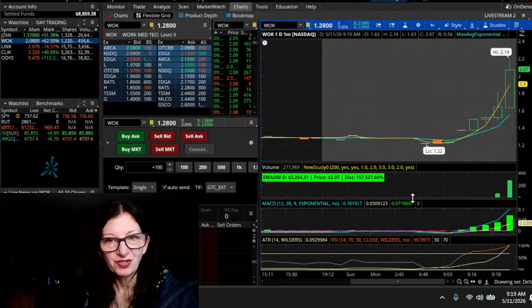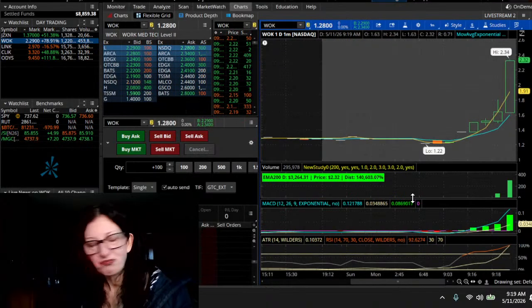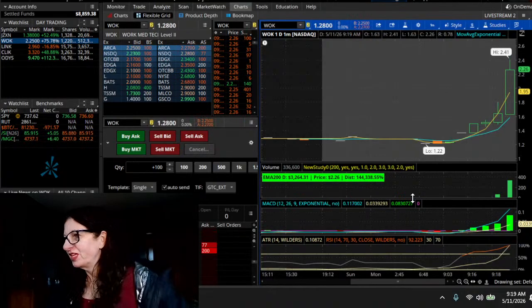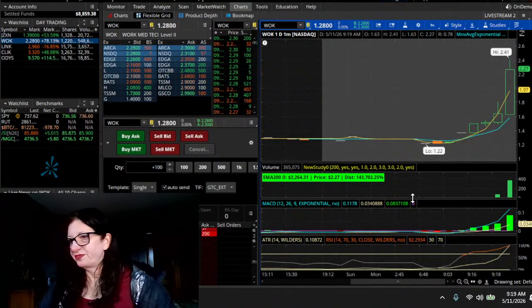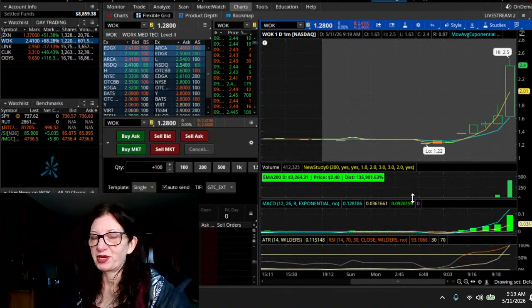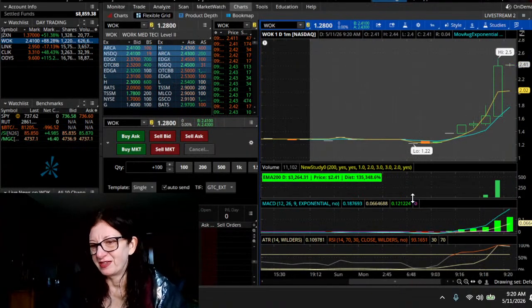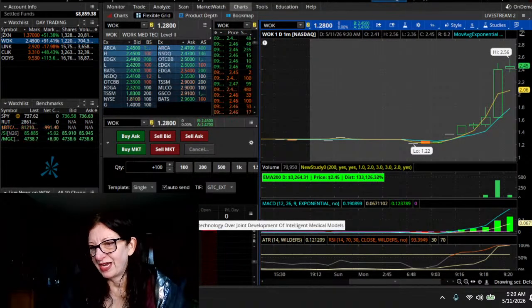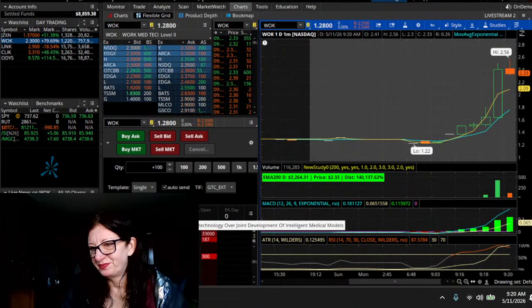Okay, this looks interesting. Meets my criteria for stock selection. And it's running up right before market open, but I don't love that. Kind of a weird time for news to come out. 9:18 a.m.